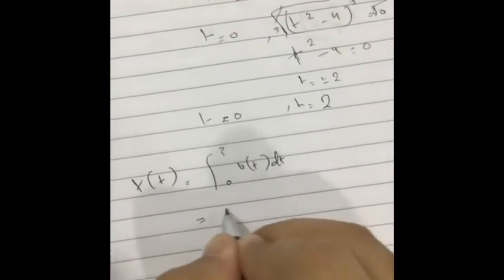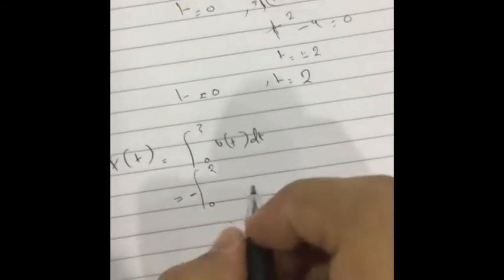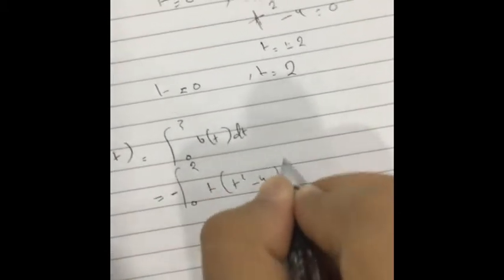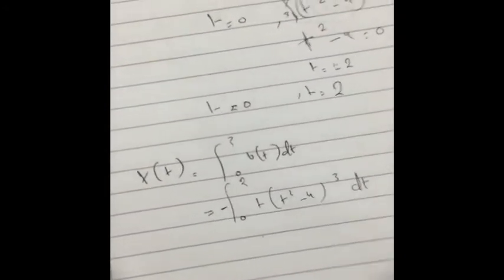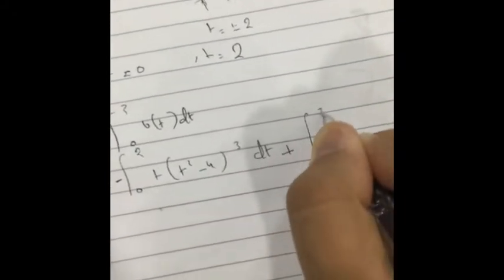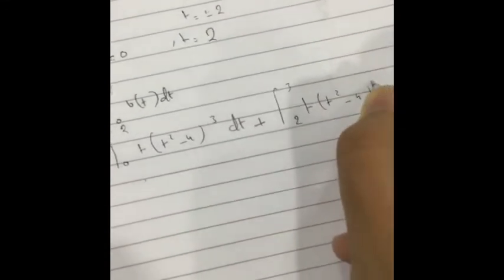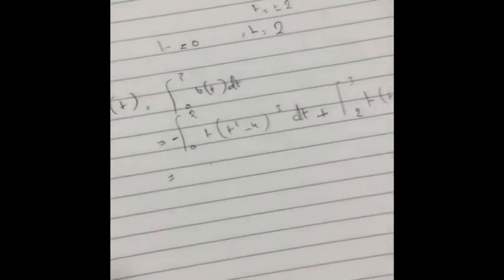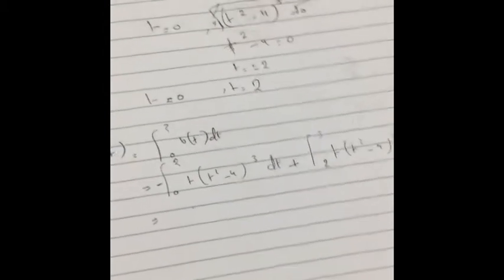We can get it from 0 to 2 with a negative sign on (t squared minus 4) cubed dt, negative because when we draw the graph it is under the axis, and here it's positive from 2 to 3. We can calculate directly by calculator, or use u substitution.